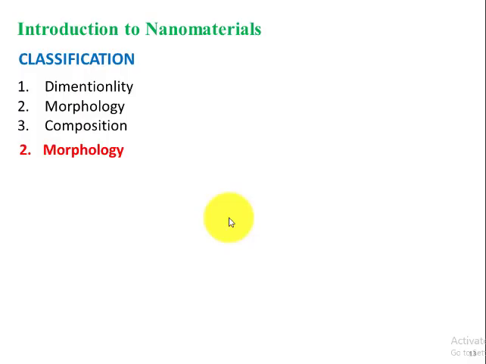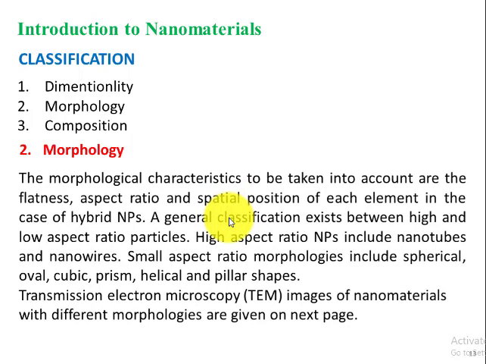Next is morphology. The morphological characteristics to be taken into account are the flatness, aspect ratio, and spatial position of each element in the case of hybrid nanoparticles. A general classification exists between high and low aspect ratio particles.